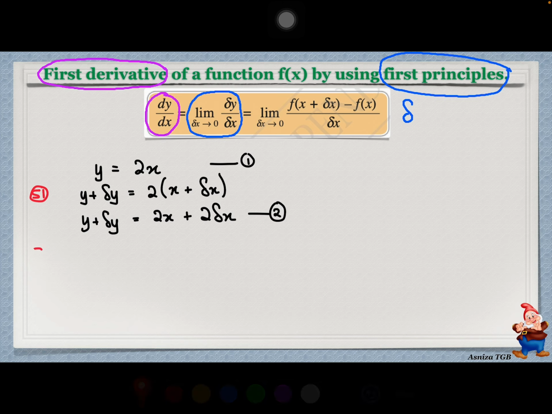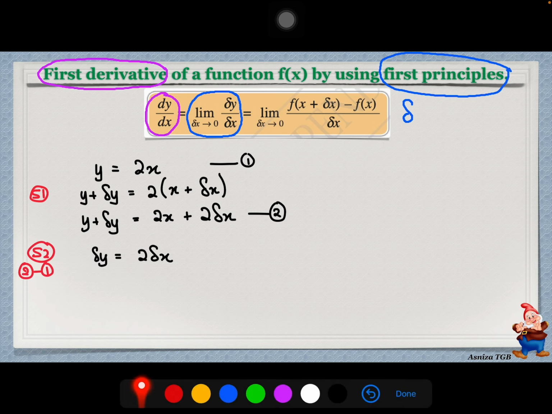Next, the second step is to solve the simultaneous equations, where we need to eliminate y. We need delta y because we need to find the limit as delta x approaches 0 of delta y over delta x. So in order to find delta y, we have to eliminate y.